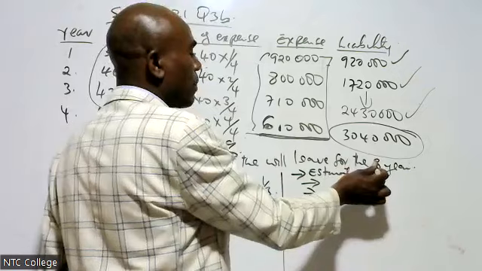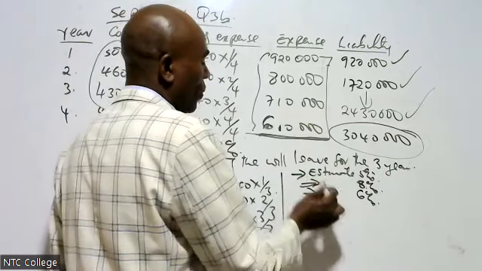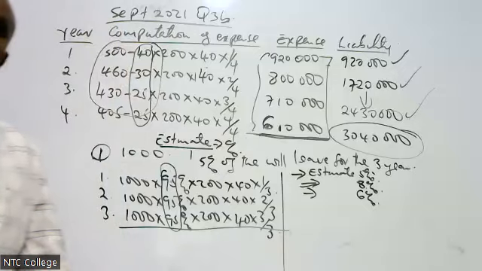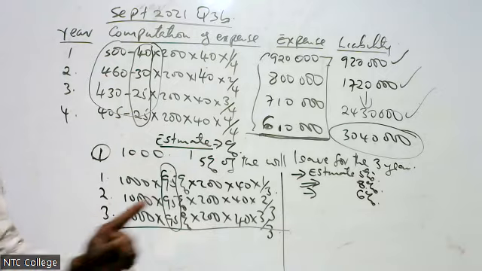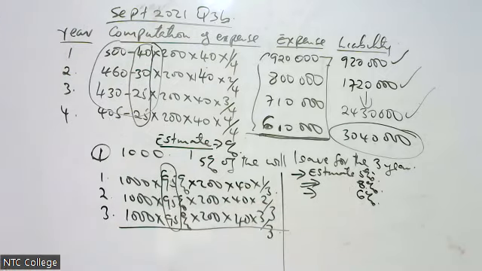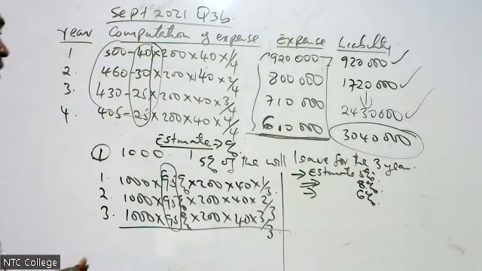Now, in year 1, we estimate that 5% of the employees will leave. When we come to year 2, the examiner tells us that the estimate was revised to 8%. Then when we come to year 3, the examiner is telling us the estimate has been revised to 6%.